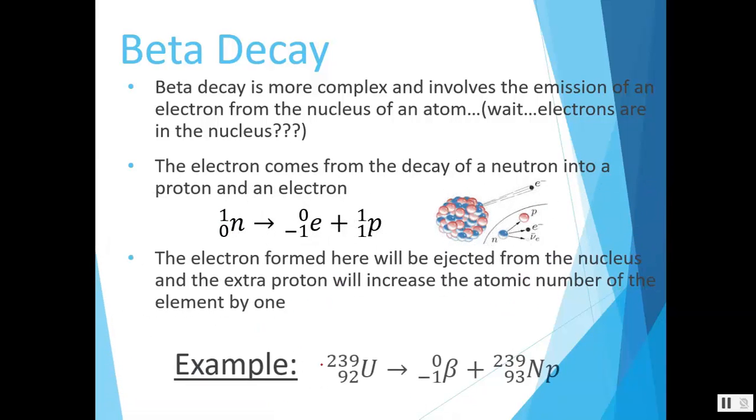So then what we see, like this example with uranium-239, is that when we release that electron from the nucleus, we get one of our neutrons converted to a proton, so we'll have one more proton in the nucleus, but the mass number, the sum of protons plus neutrons, is going to remain the same.